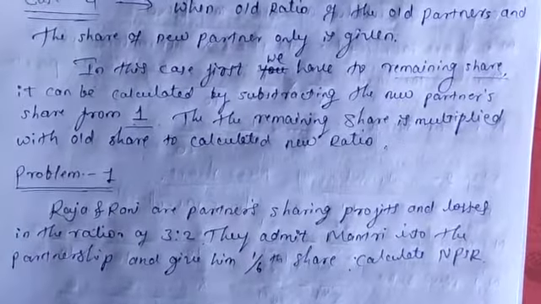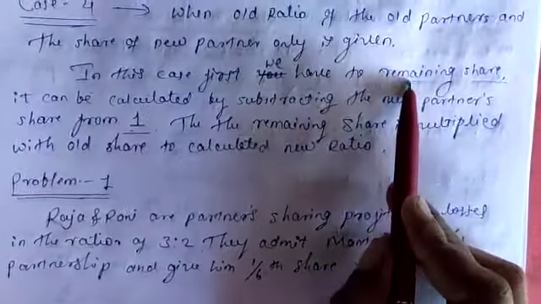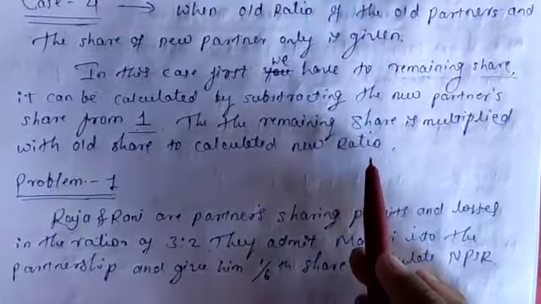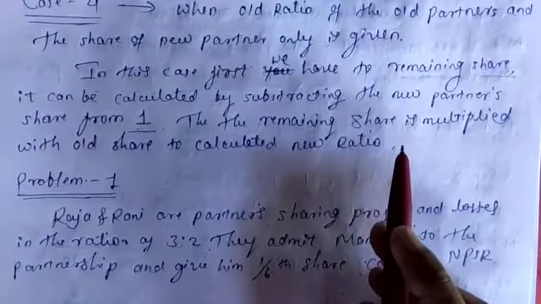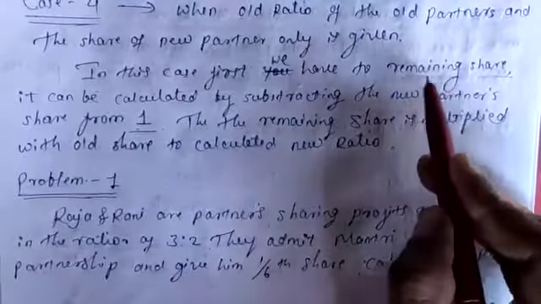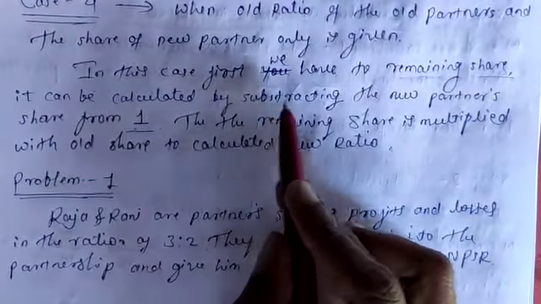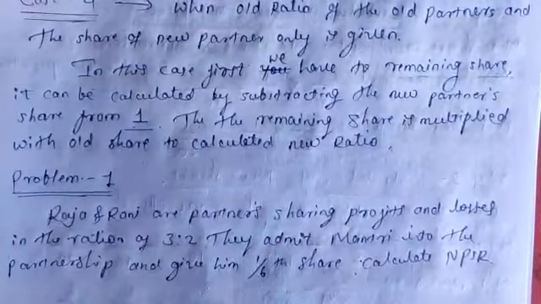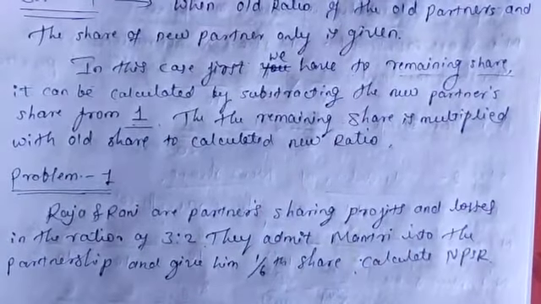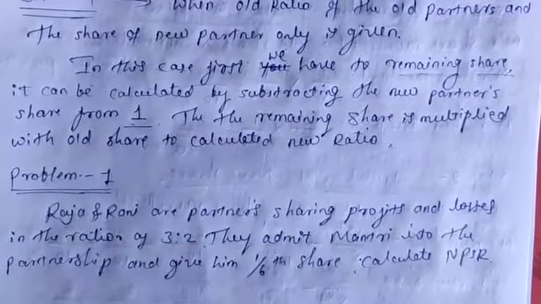Here only 2 steps are there. First we have to calculate the remaining share, after that the new ratio. So the only thing different here is that the remaining share should be found out by subtracting the new partner's share from 1, and that remaining share is multiplied with the old share to calculate the new ratio.